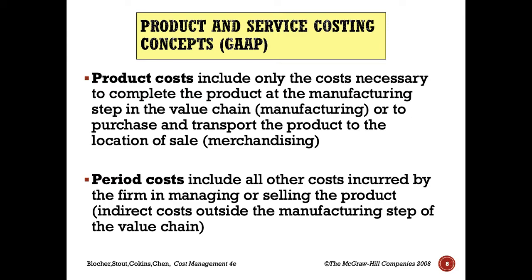We move to the next page, product and service costing concept. Product costs include only the cost necessary to complete the product at the manufacturing step in the value chain, or to purchase and transport the product to the location of sale, or merchandising.